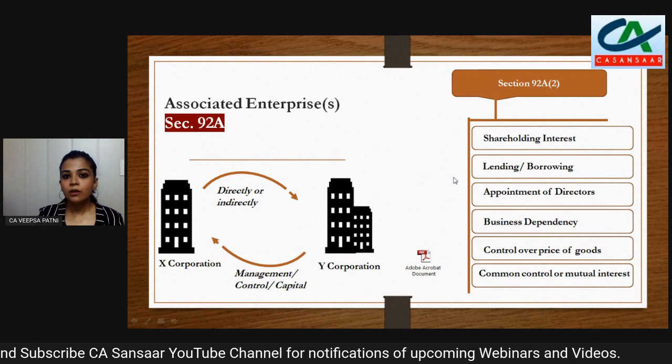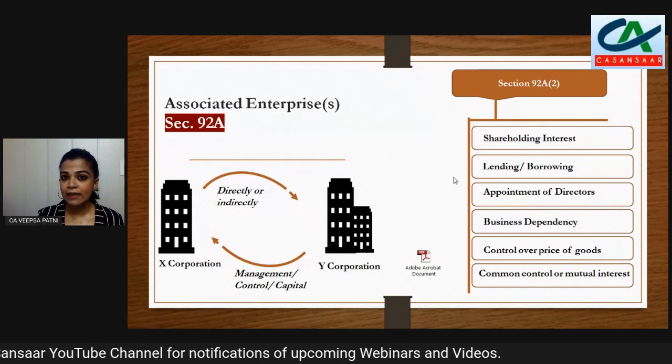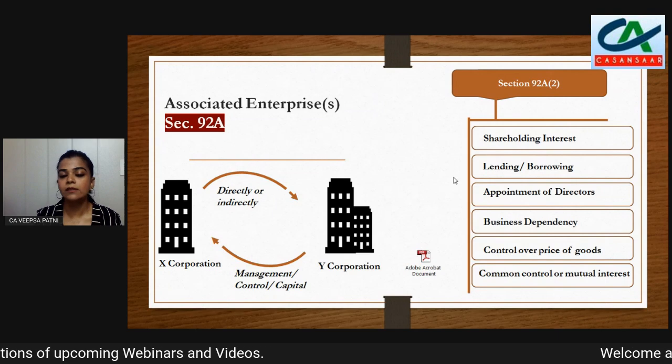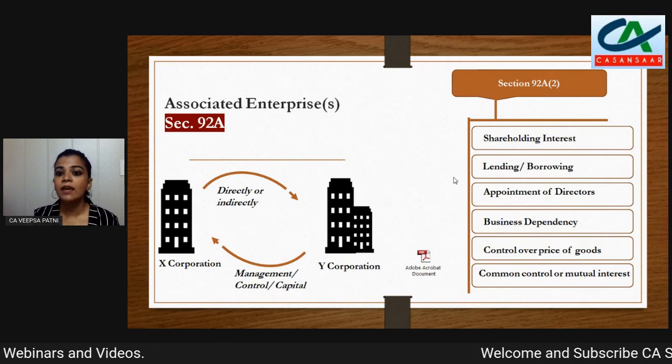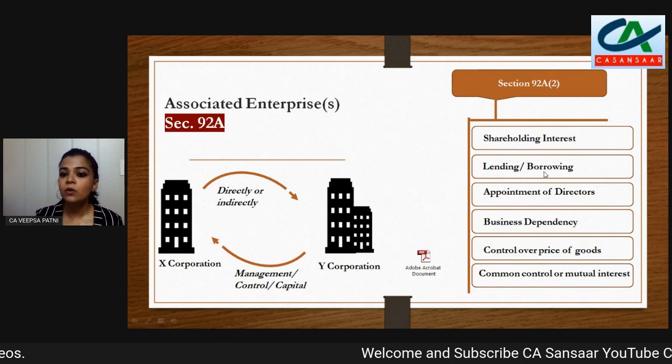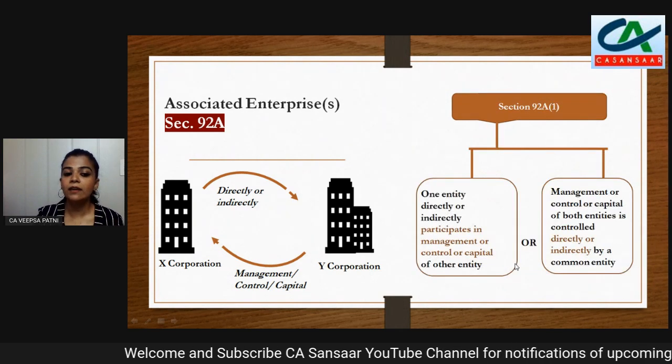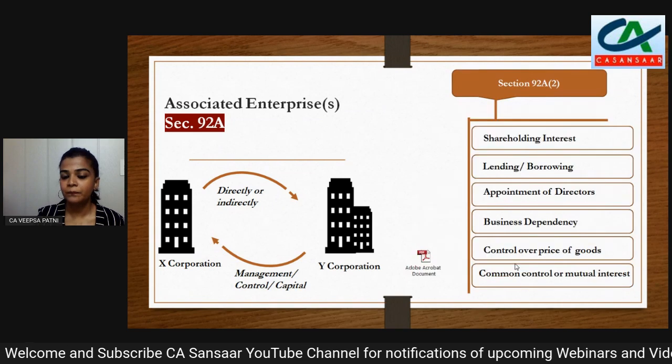As per the ICAI guidance note on transfer pricing analysis, section 92A2 was brought into picture to define what management, control and capital are.